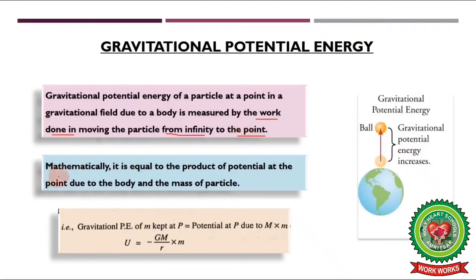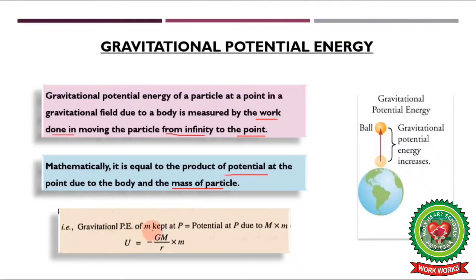Mathematically it will be clearer. It is equal to the product of the potential at that point and the mass of the particle. Here we are not taking mass equal to unit; whatever the value of mass, we take that.